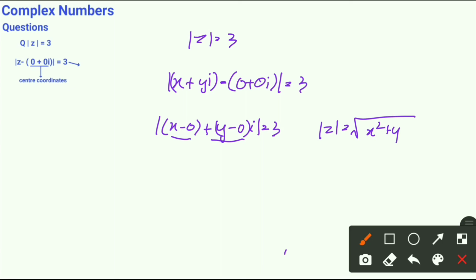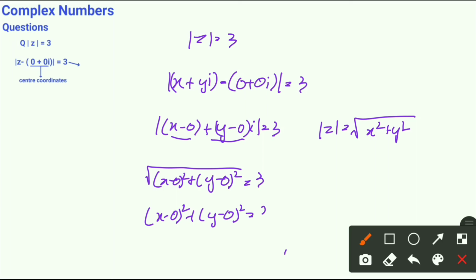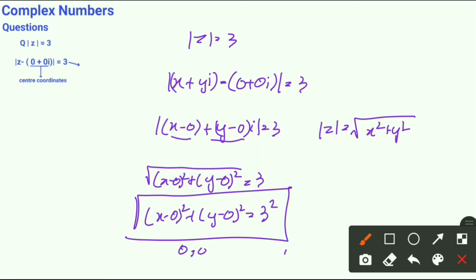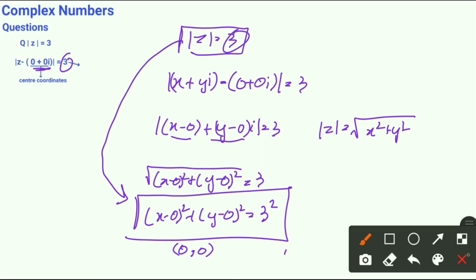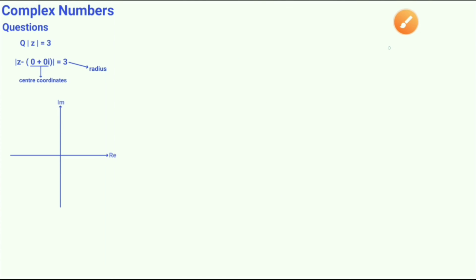Since the modulus of z is the square root of x squared plus y squared, we get x minus 0 squared plus y minus 0 squared is equal to 3 squared, and this is the equation of a circle with center coordinates 0 and 0. So it starts from modulus z equal to 3 and ends up at the equation of the circle. This is the center and this is the radius.